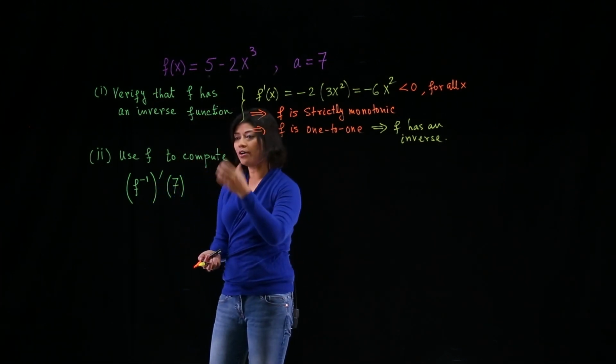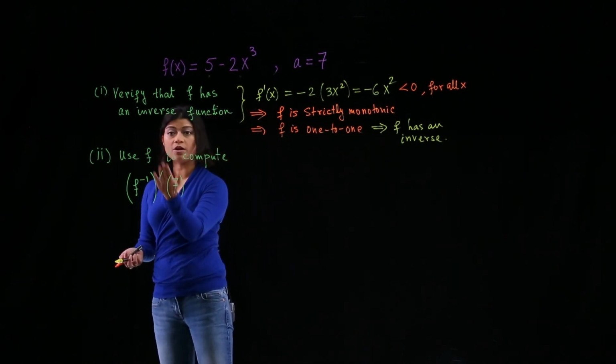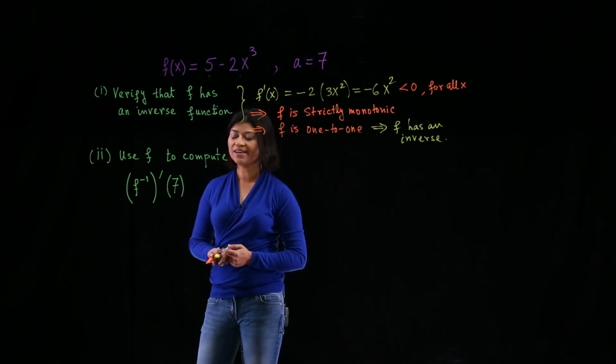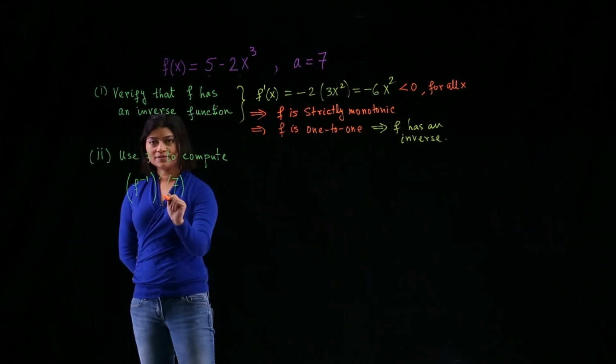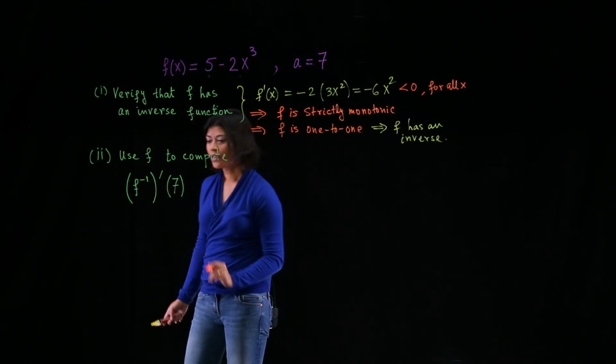Now, for the second part of the problem, we have to figure out what is the derivative of the inverse function evaluated at the given a value, which is 7. Now, this part can be a little confusing, so let's think about it slowly.